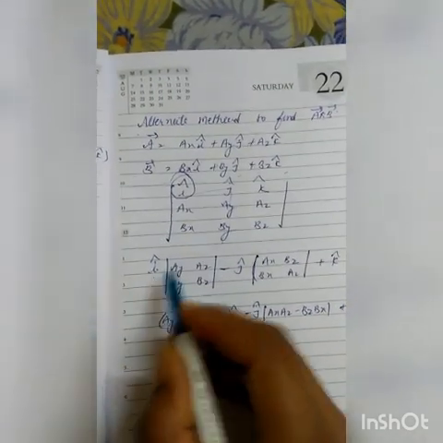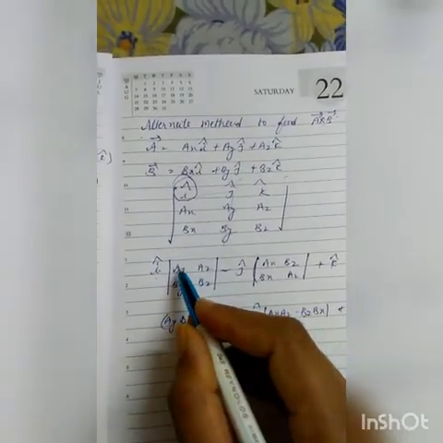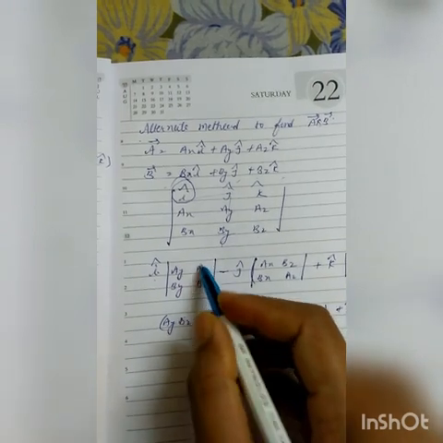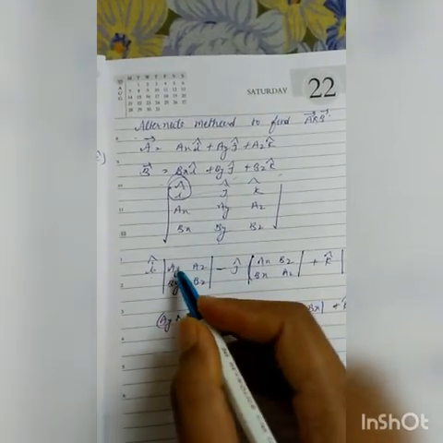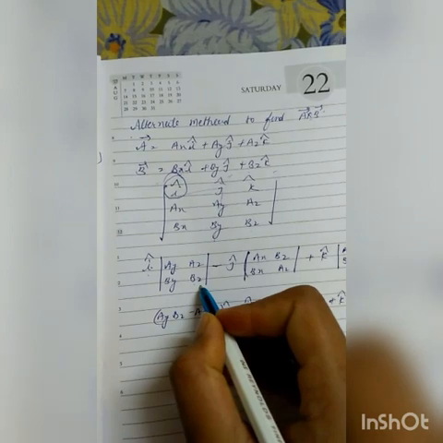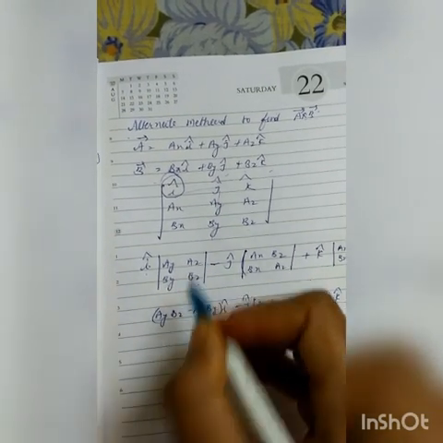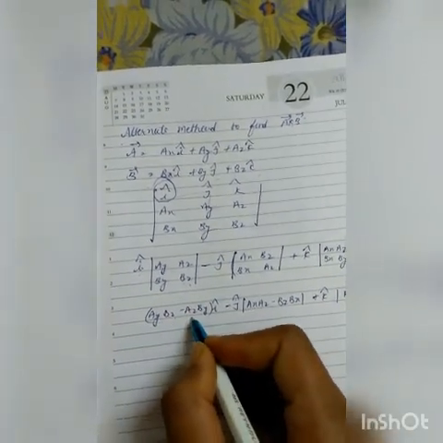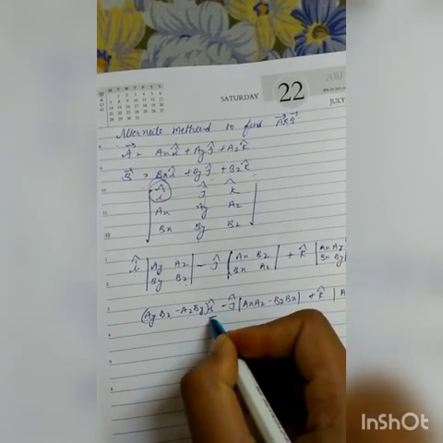Now, along with the I, we have to multiply ay with bz. We have to cross multiply here. Ay bz minus by az, that is ay bz minus az by, times I unit vector.